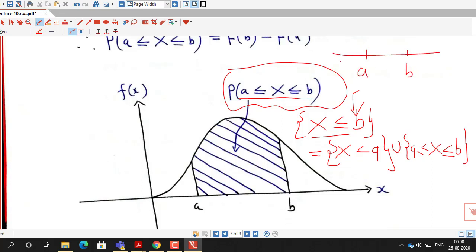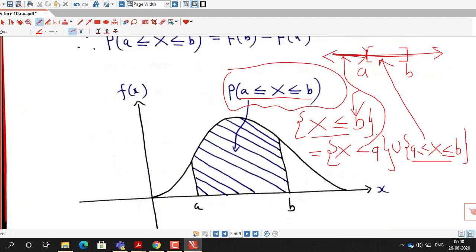So we can understand it in this way also. Suppose I have A and B. If I consider this part, minus infinity to B, then it is nothing but the union of these two parts: up to A, that is capital X is less than A, union A less than or equal to capital X less than or equal to B. So this portion is here and this one is this part.